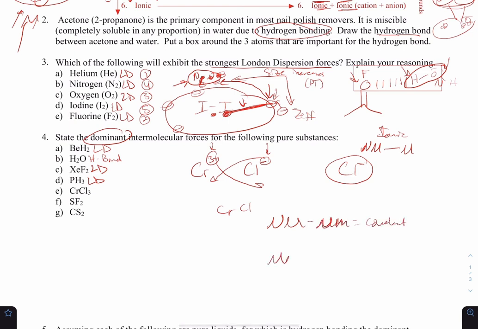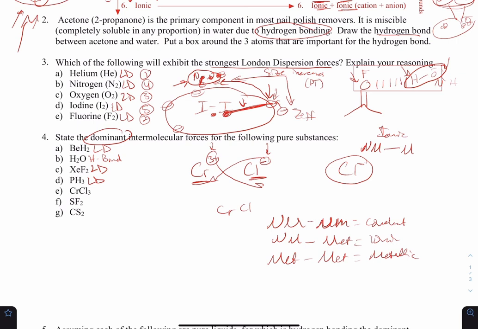A metal to metal is called a metallic bond, and then an ionic bond is a nonmetal to a metal. So that's how I knew this is an ionic bond, because chromium, a metal, is interacting with chlorine, a nonmetal. So we have to go back in our minds a little bit to what the intramolecular forces are, or the bonding, and then determine what kind of intermolecular forces they'll experience between the molecules.